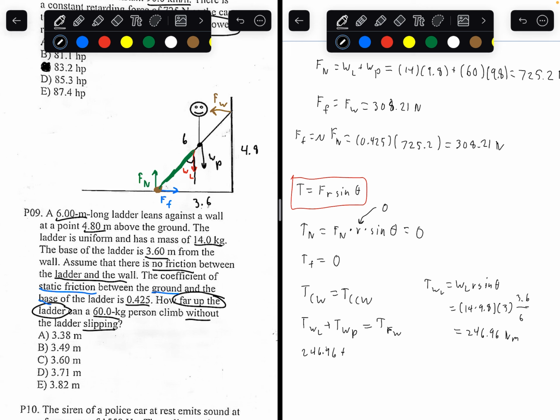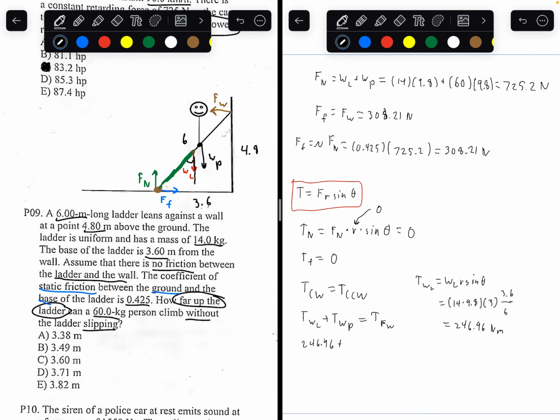246.96. What's the torque based on the weight of the person? Torque based on the weight of the person is equal to the weight of the person times the radius times sine theta, just like normal. So the weight of the person is just the mass of the person, which is 60, times the gravitational constant. What's the radius? In this case, the radius would be our answer, because think about it. This new green arrow is the distance between the brown point and the person.